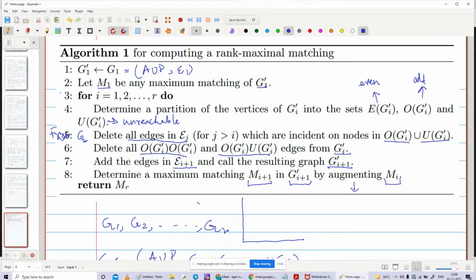So you have removed the edges of rank J from that particular set EJ.